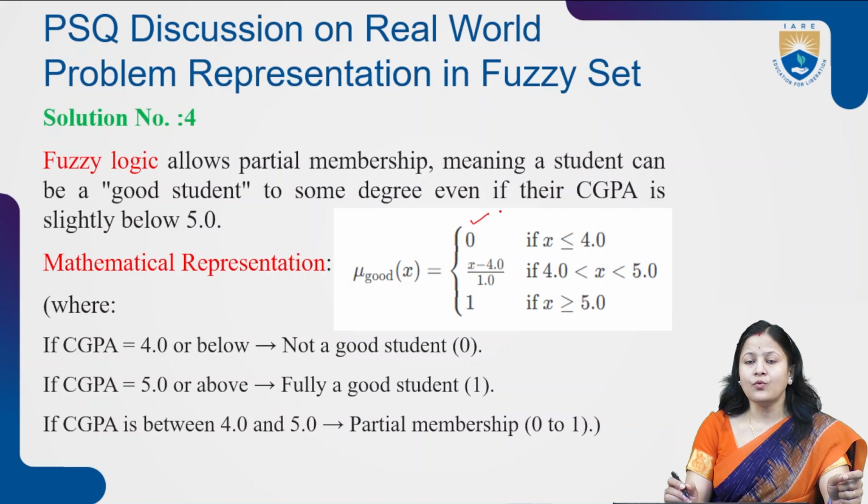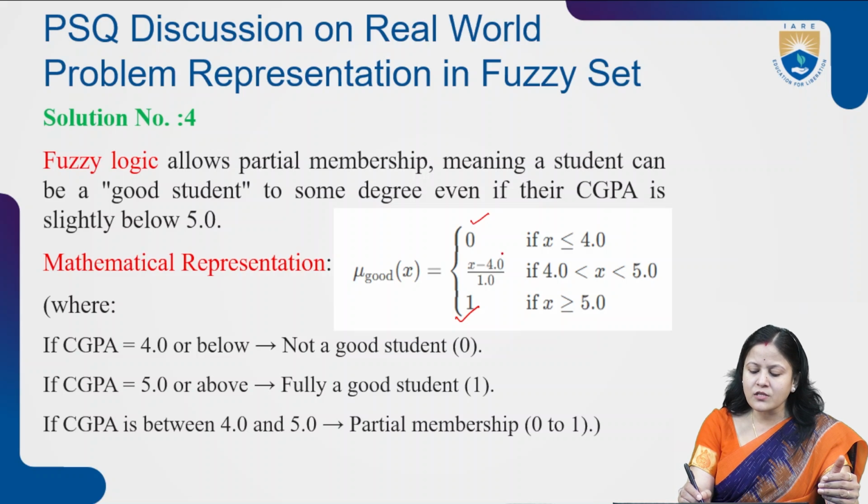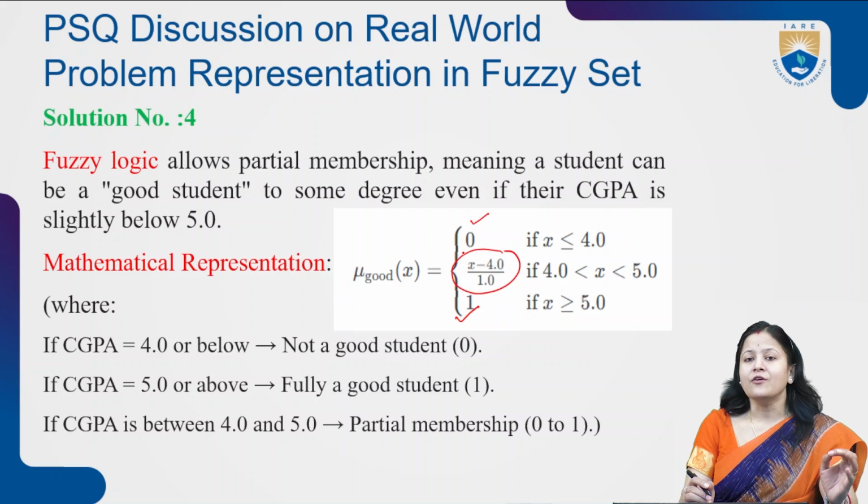If a student is scoring 5 or more than 5, it is considered as 1. But what about the student who is scoring between 4 and 5? For that, some membership function should be defined. The function is x minus 4.0 divided by 1.0, if x lies between 4.0 and 5.0.